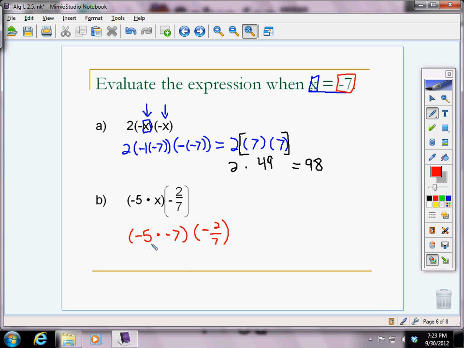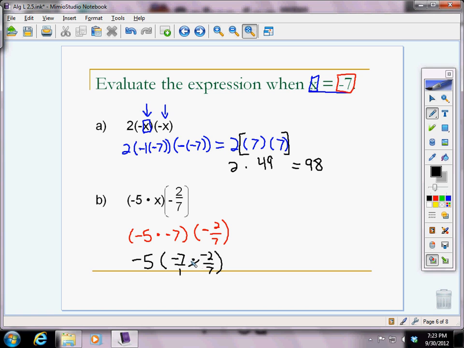Well, you could definitely do this problem and go negative 5 times negative 7, get 35, and then times it by this. But if we change our parentheses from around these two to around these two, meaning if I go negative 5 times negative 7 times negative 2/7, notice the cool thing here. These 7s are going to cancel out.